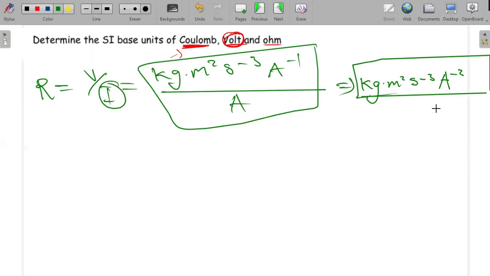That is the ohm. The SI base units for measurement of resistance is equal to kg meter squared second to the power minus 3 amp to the power minus 2. That is the SI base units of these three. So we found all of them, the coulomb, the volt, but also the ohm.